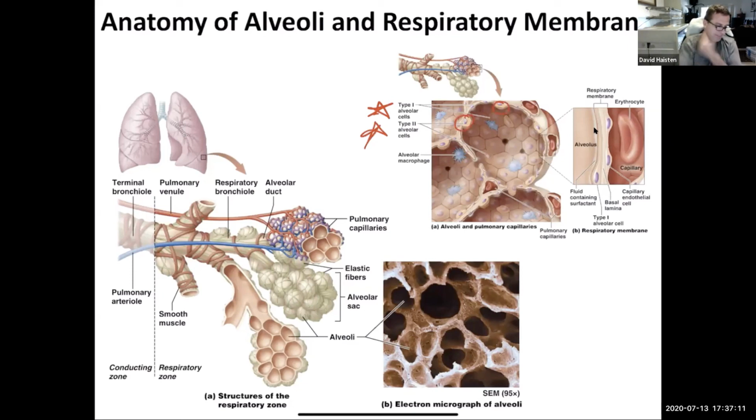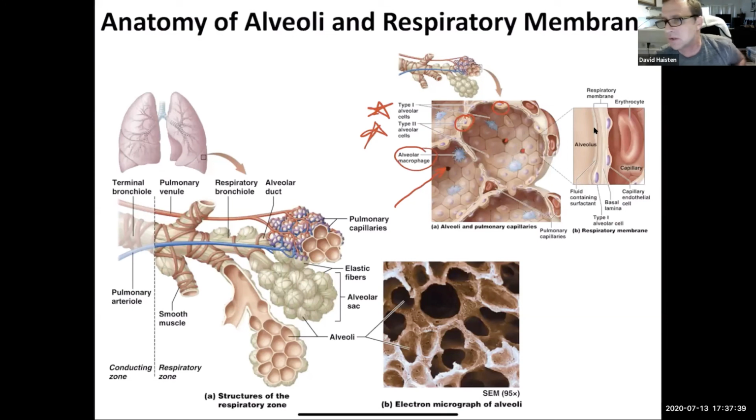All right. So here you see alveolar pores. There are these holes. That's an alveolar pore. If different respiratory passageways are blocked off, the air can still get to individual alveoli. You also have alveolar pores because there are alveolar macrophages in there.